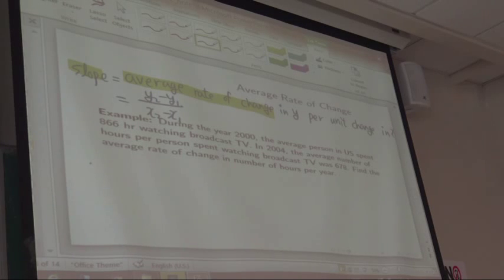From 2000 we have 866 hours, and in 2004 we have 678 hours. So obviously there is a decrease, right? So when they are decreasing, we expect the slope, or the average rate of change, to be negative.